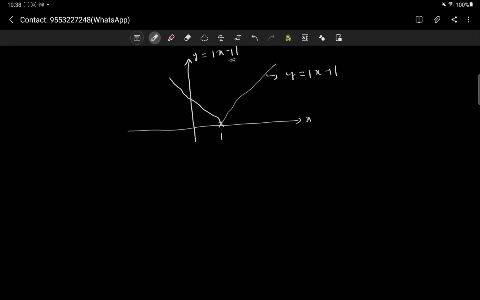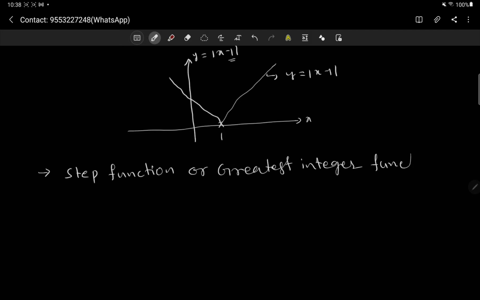Now we are going to discuss the step function, or greatest integer function. See here, f of x is equal to step x.